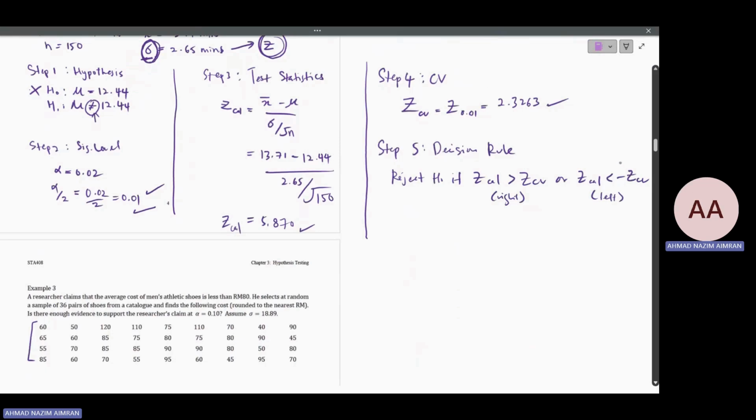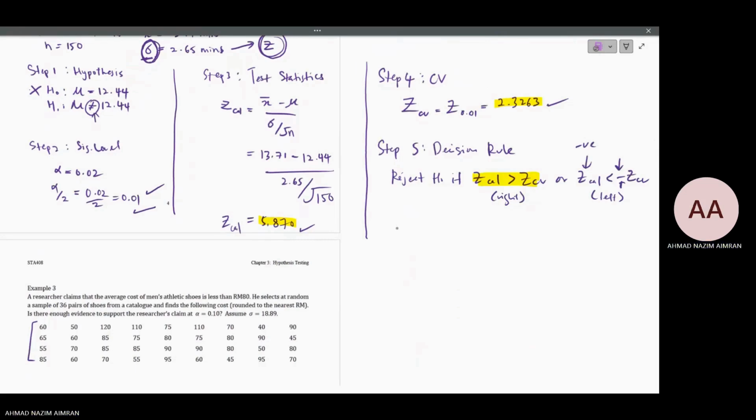So that is why for the left tail, we expect to get a negative value for the Z calculated, and that is why we need to add a negative symbol for the Z critical value. But now, since we have a positive value for the Z calculated, we just need to compare with the positive value for the Z critical value. So we are using the first one.